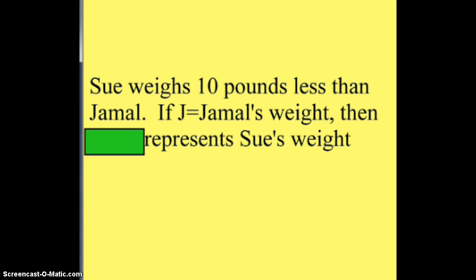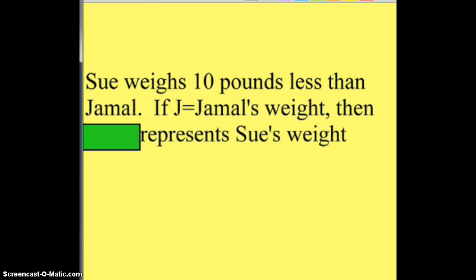All right, so you have your guide handy, and our first problem is about Sue. This is problem number 1. Sue weighs 10 pounds less than Jamal. If Jamal's weight is J, then what represents Sue's weight? So again, Jamal is J. And Sue weighs 10 pounds less than Jamal.